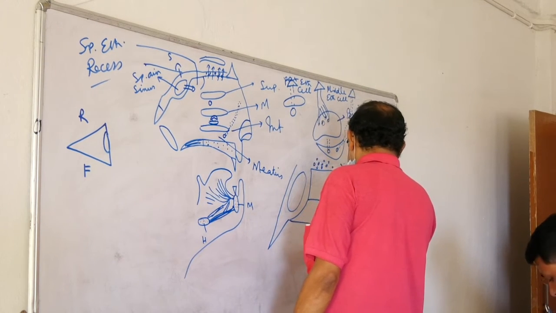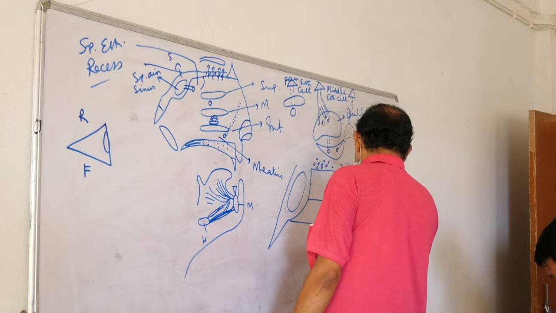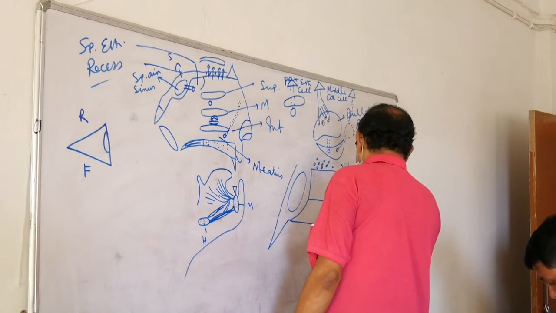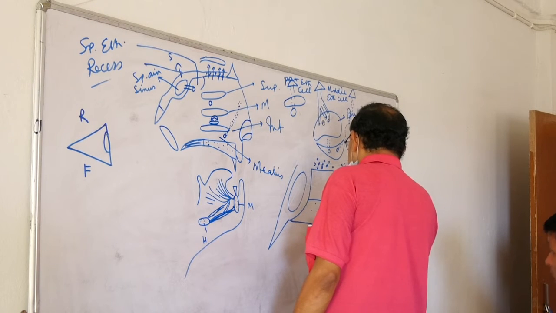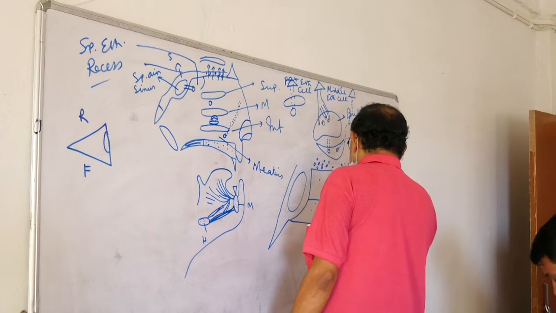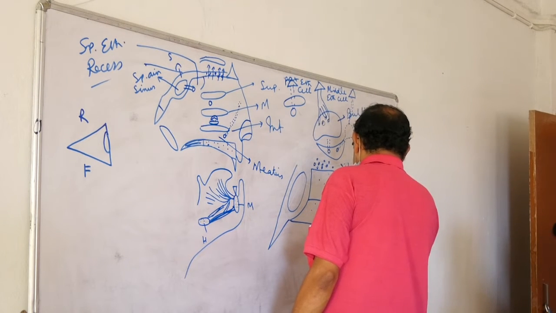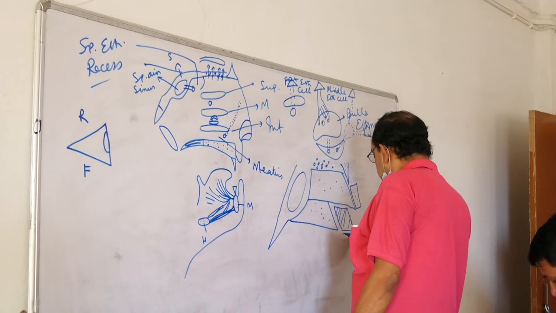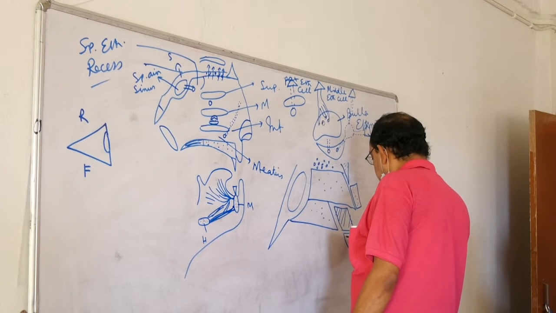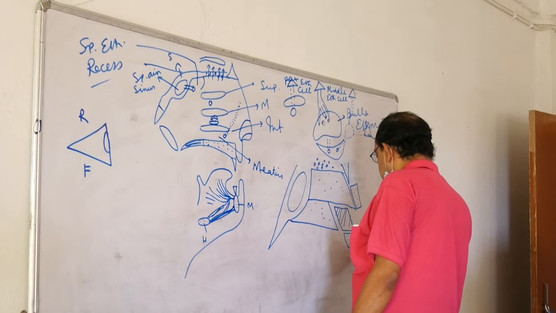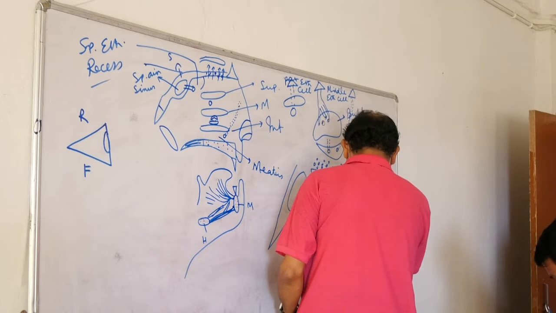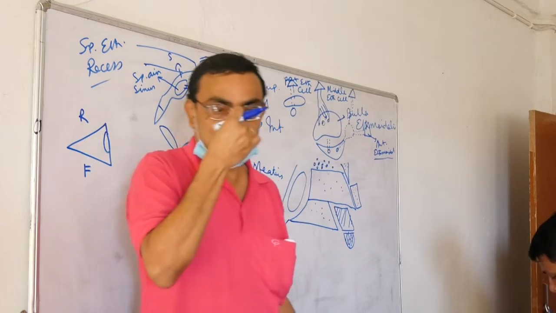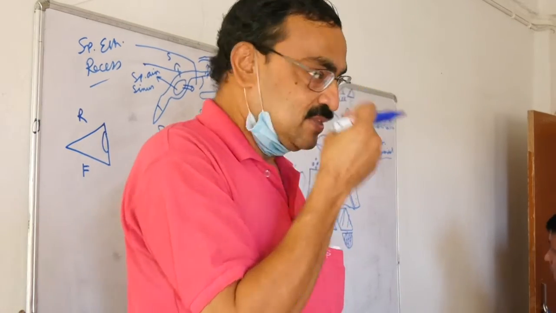And in front of the vomer we will get this, which is bony, but this is cartilage. And there is also another cartilage, which is the most mobile part of the septum.